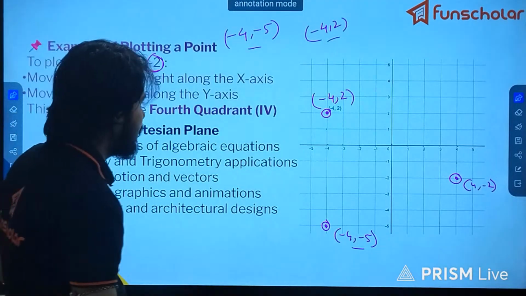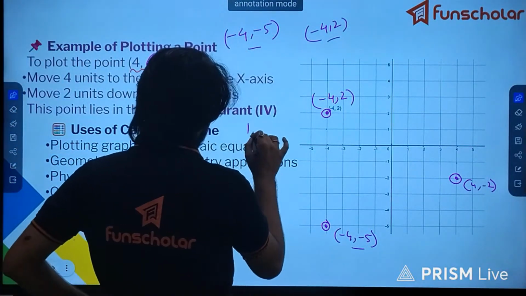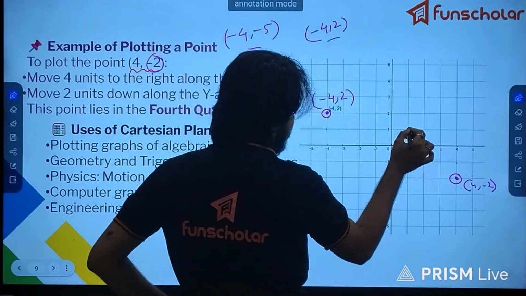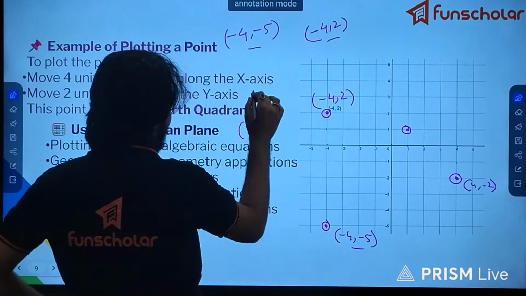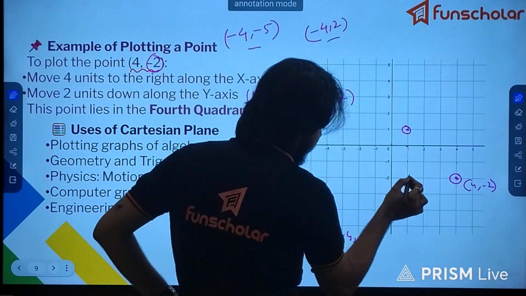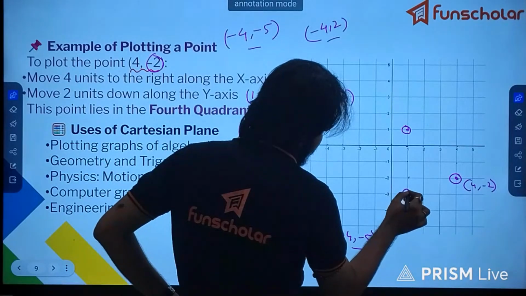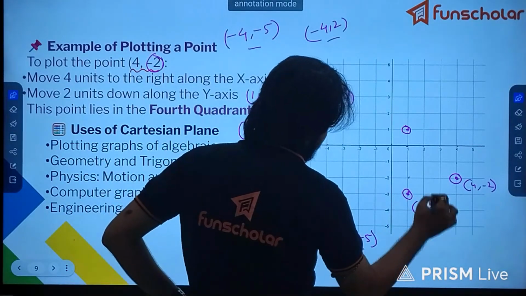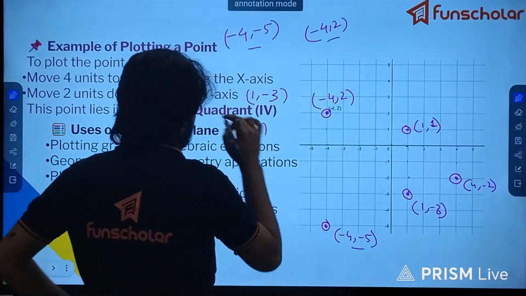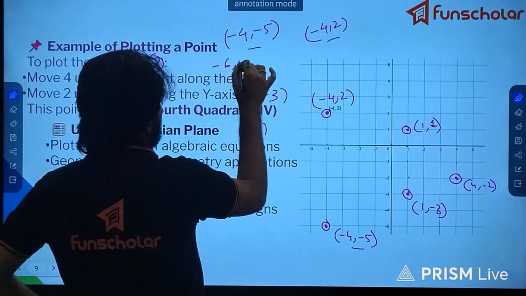Okay, if I tell you to plot 1 comma 1, then 1 comma 1. If I tell you to plot 1 comma minus 3, 1 comma minus 3. Now minus 6 comma 5.